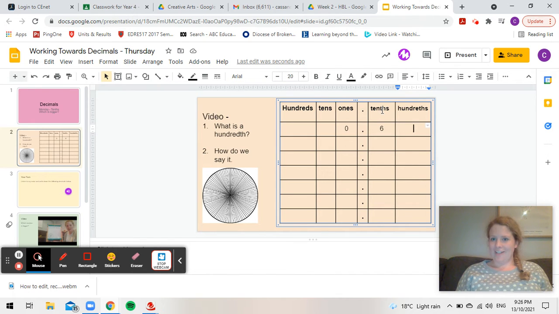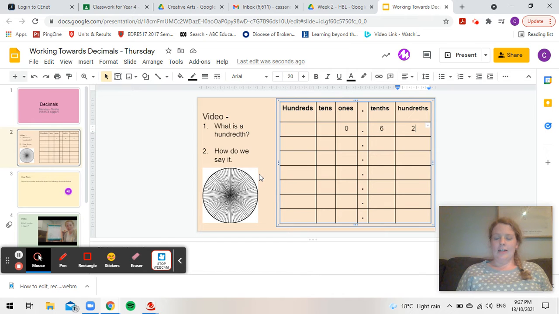I hope this is starting to make sense. If not, maybe just pause it and have a little think about that for a moment. All right, so we'll go back to 0 and 62 hundredths. That would mean I would have 62 pieces of my pie coloured in.